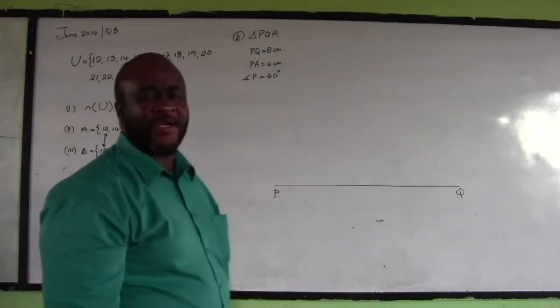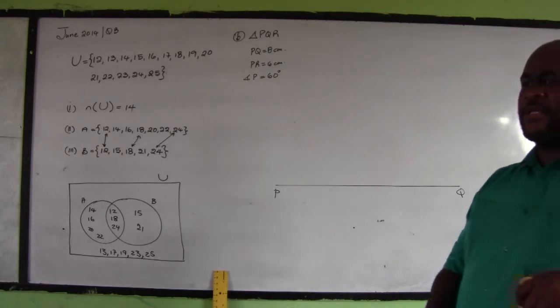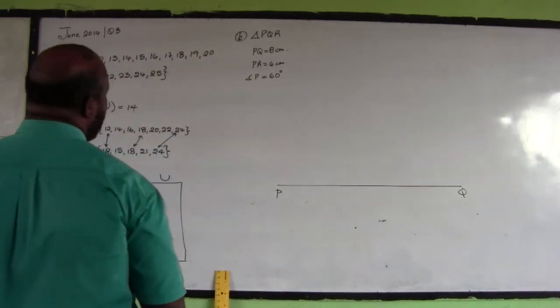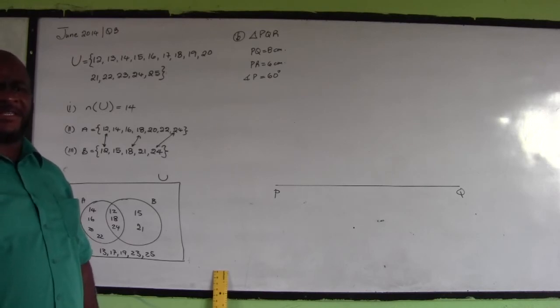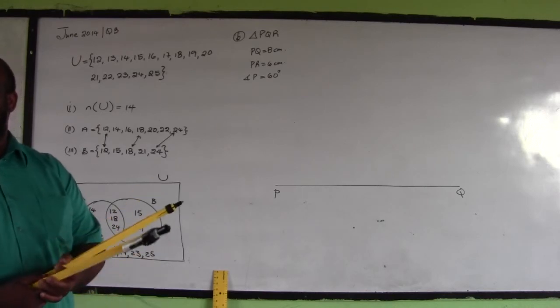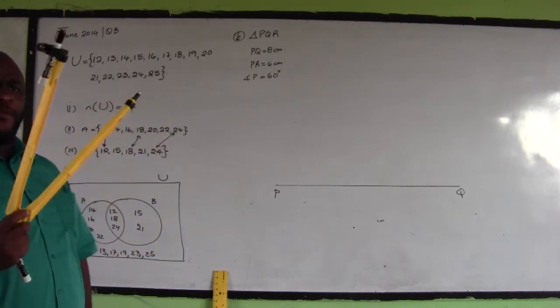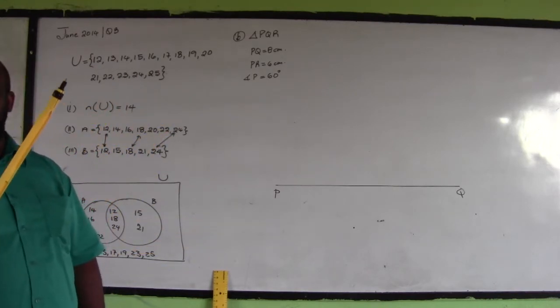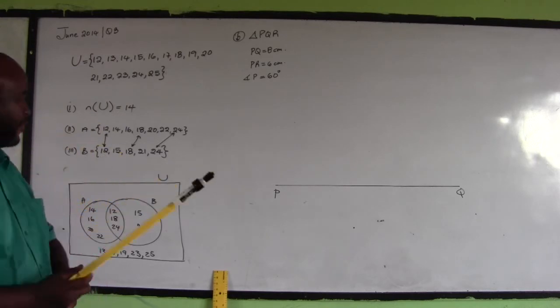The next thing is, I need to construct a 60 degree angle at P. This is the easiest angle to construct. Open my compass to a suitable radius. Everybody knows suitable means not too wide and not too narrow.